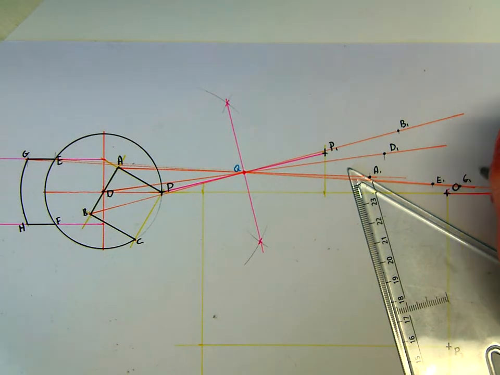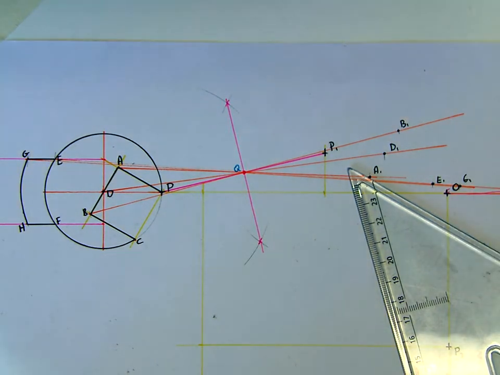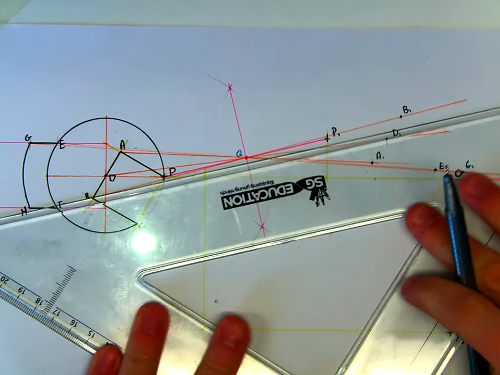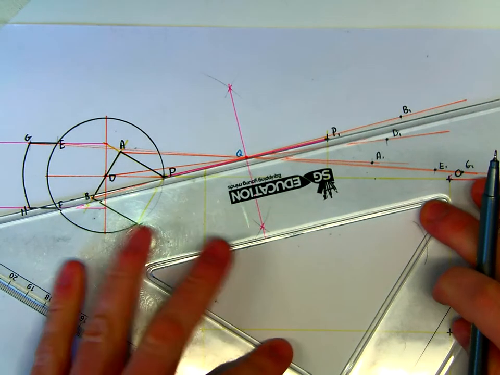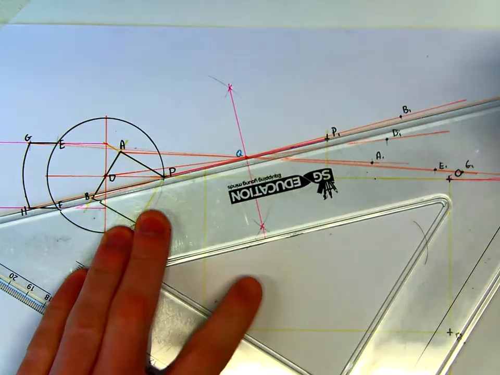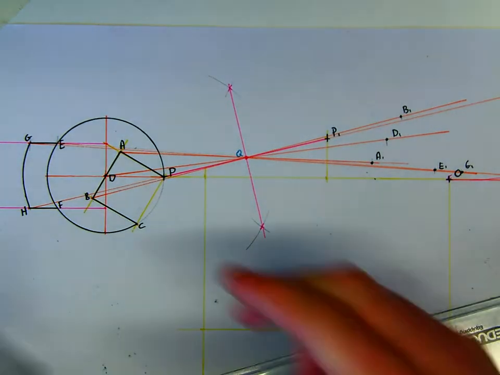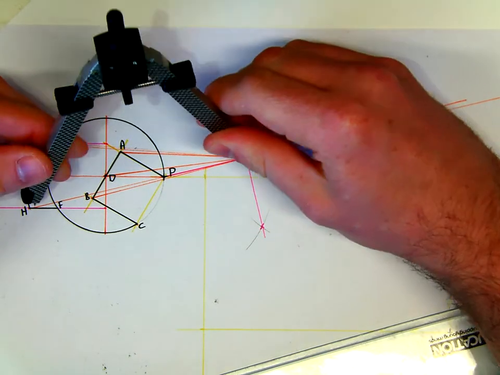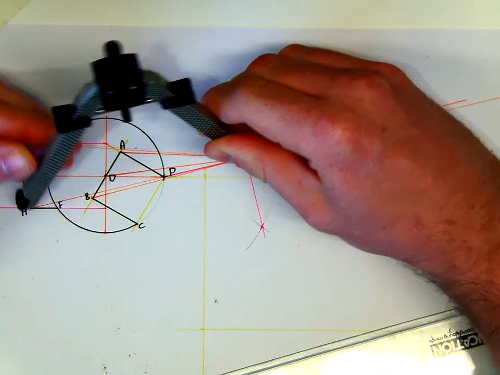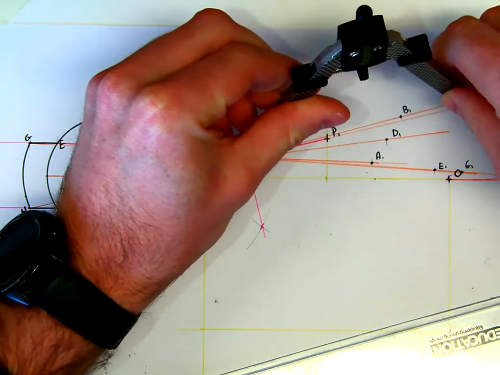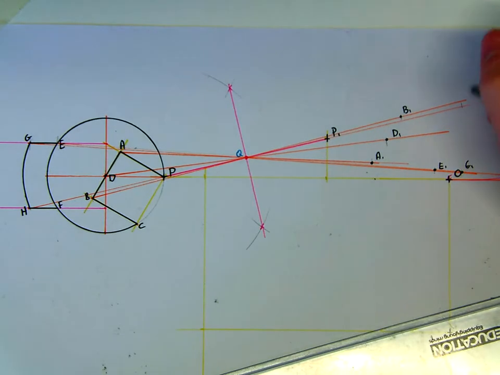So that's right in there beside O, just be careful with that. H has to come through point Q. So all the way over. Put my compass on Q, stretch it out to H, and mark in H1 up here.